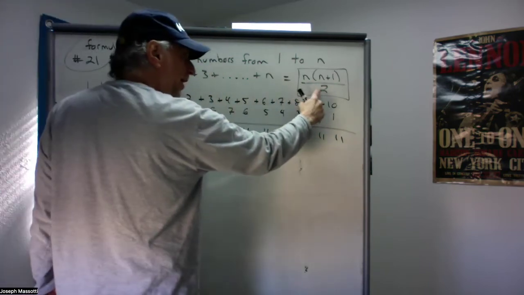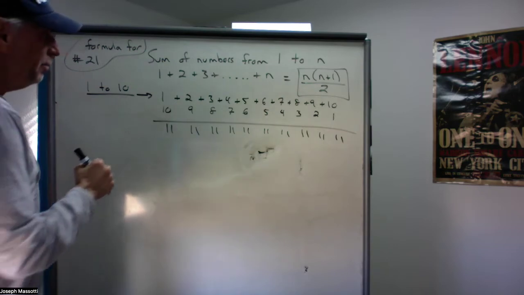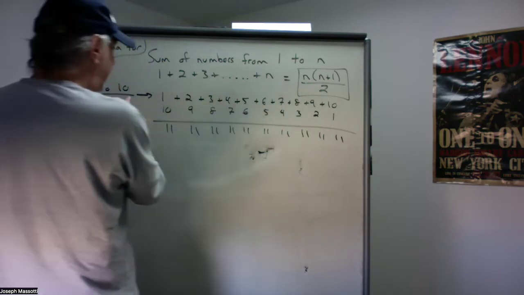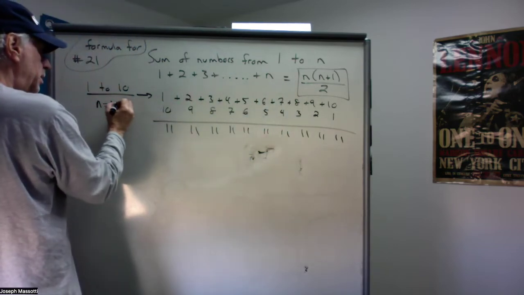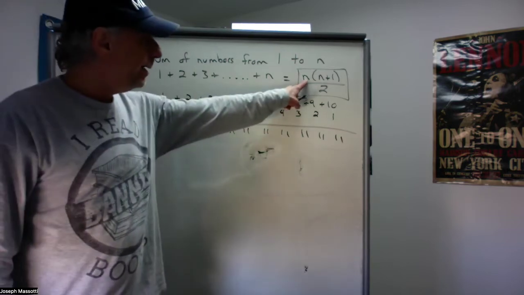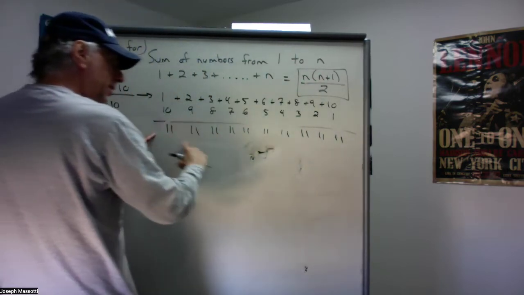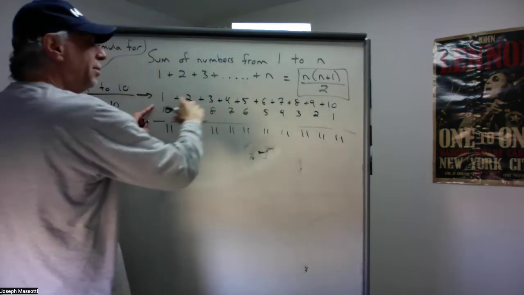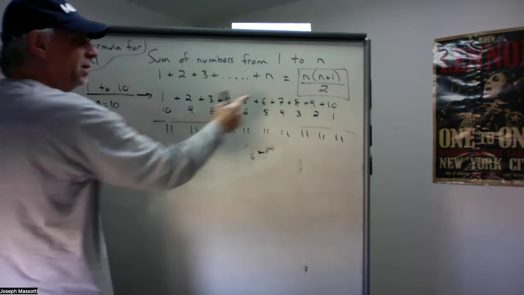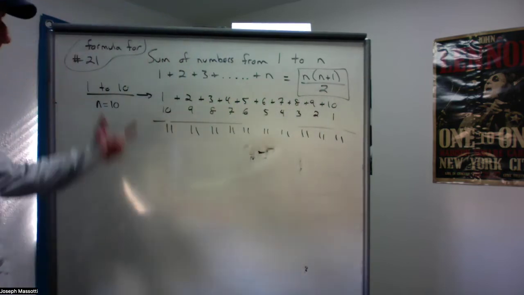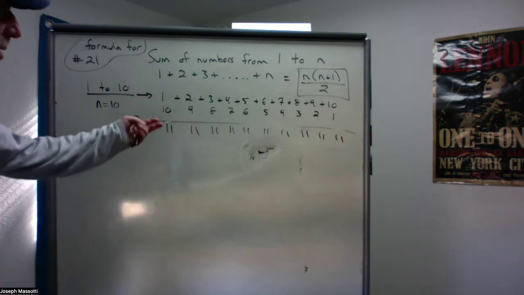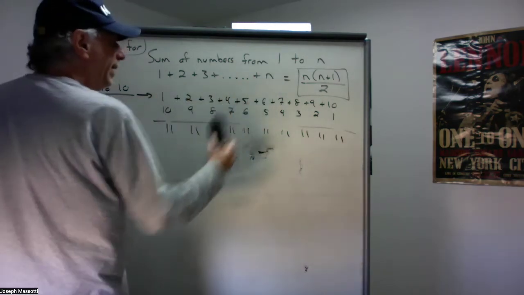So that's where the dividing by 2 comes in, right? So 1 to 10 would be, our n is 10, right? So we get 10 times 11, that's where these are, 10 11s, but that's the sum twice. So we divide by 2. And now we have a formula to add any numbers from 1 to any number n.